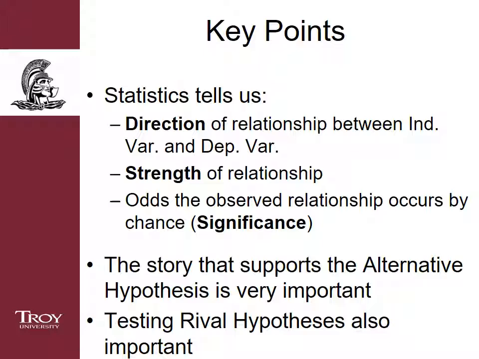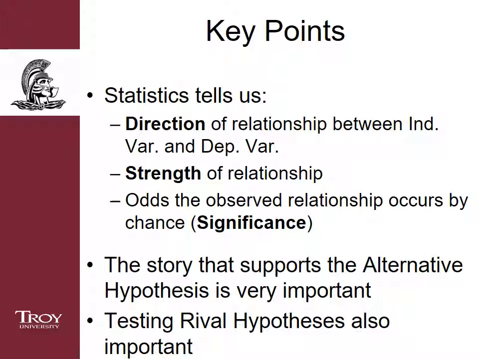The story that supports the alternative hypothesis is so very important, and I really am hammering down on this, that statistics is only really effective when it is conducted in a research process where we have gone through the literature, where we've gone through the theory, and we have an explanation that we think holds water.